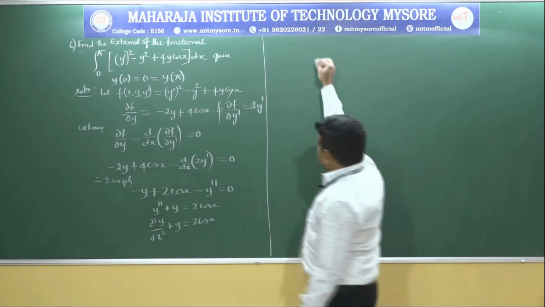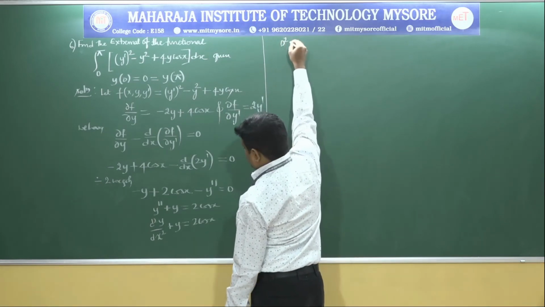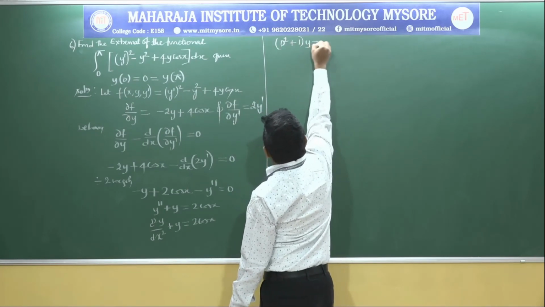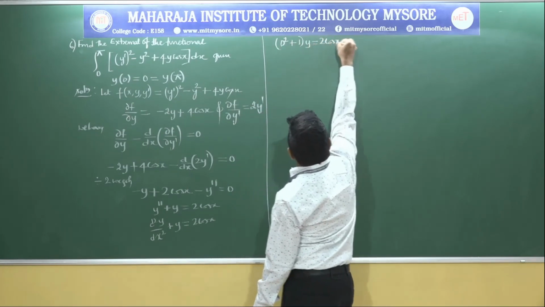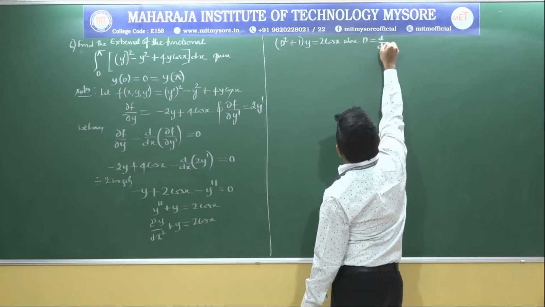Next, in terms of D operator, this can be rewritten as (D² plus 1) y equals 2 cos x, where D is nothing but d/dx.